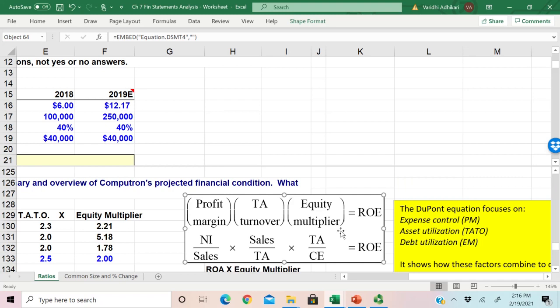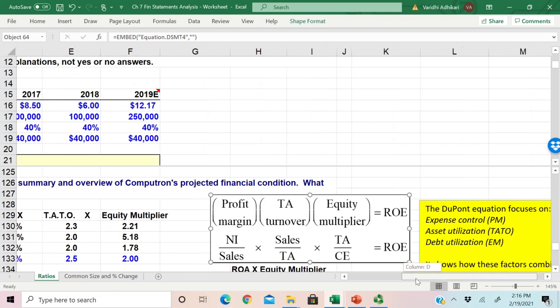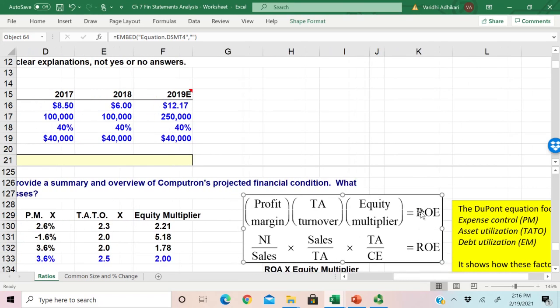We're going to focus on one widely used ratio called return on equity, ROE.